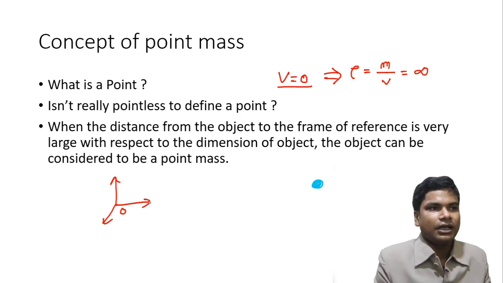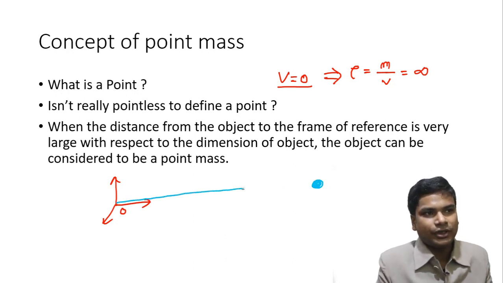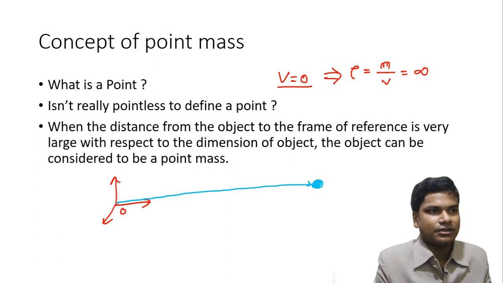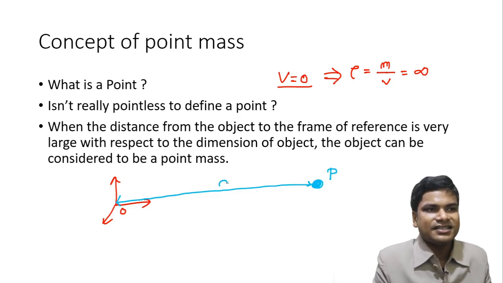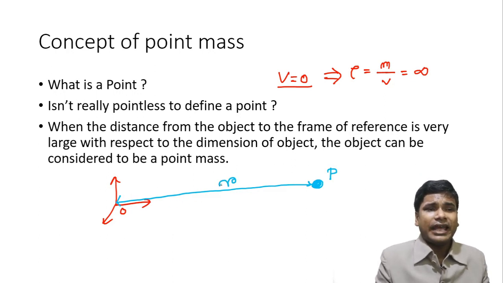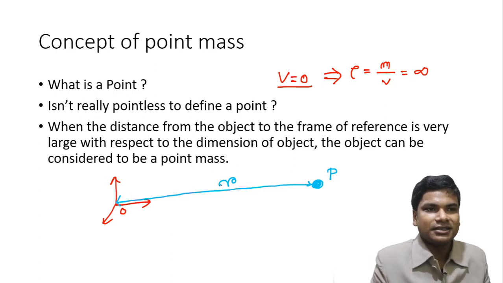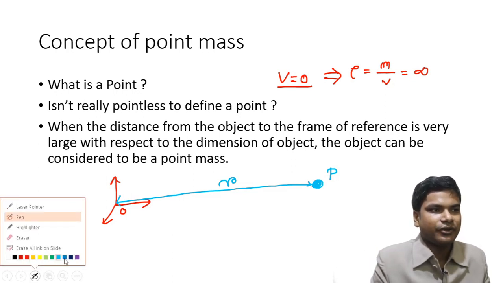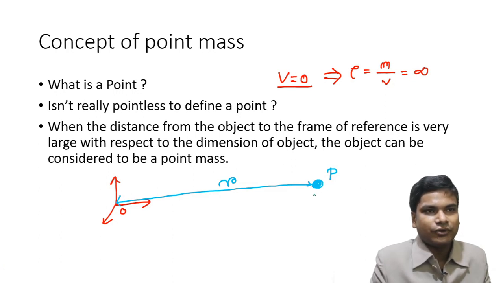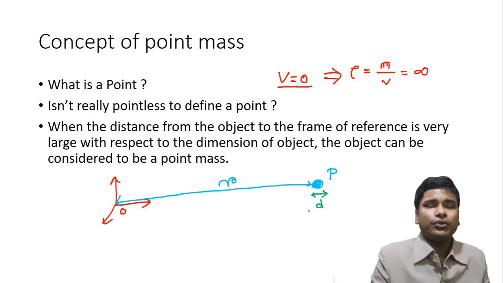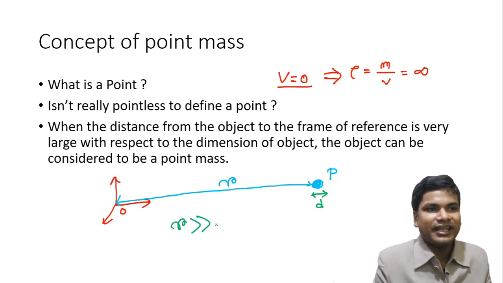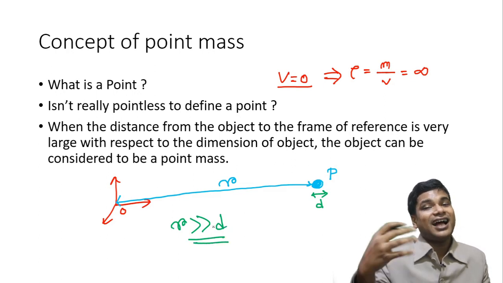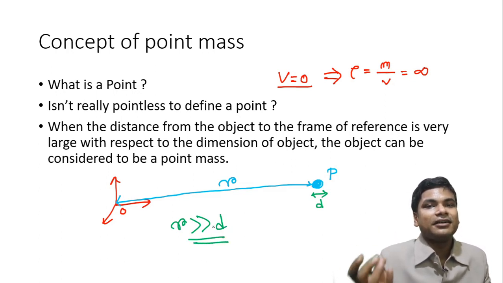Now the distance between this point O and this object, suppose the object is P, is R. According to the concept of point mass, suppose the dimension of this point is D. If this R is very much greater than this D, then only can I define it as a point mass, otherwise I cannot.